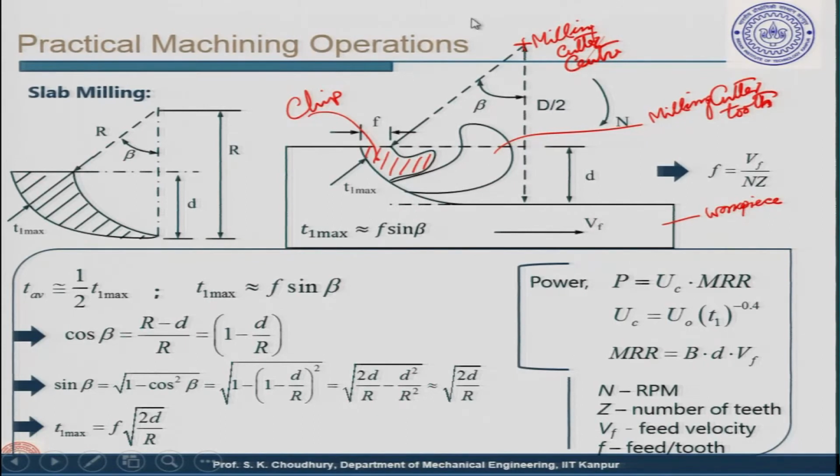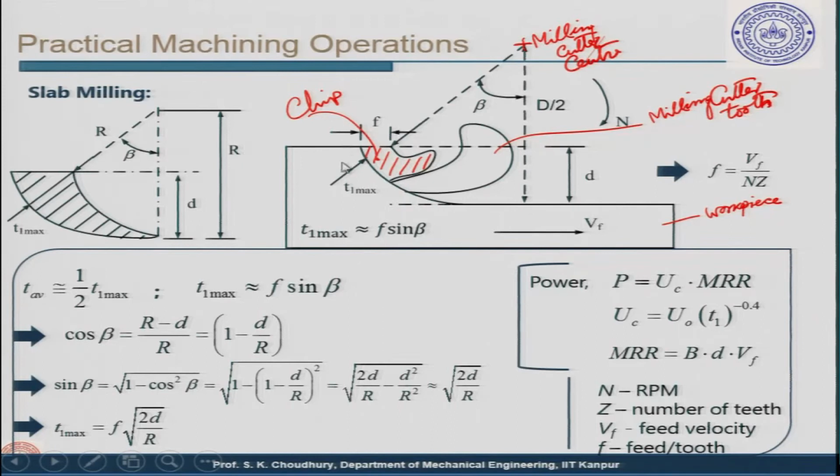With the help of N, the milling cutter RPM, and the feed velocity, the interaction between the milling cutter and the workpiece results in the removal of material. So, this much material is removed. This is the depth of cut, the small d.